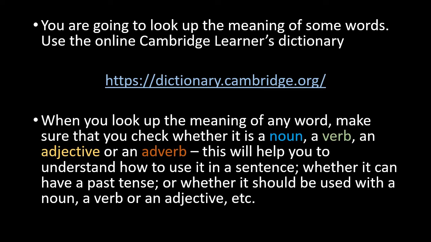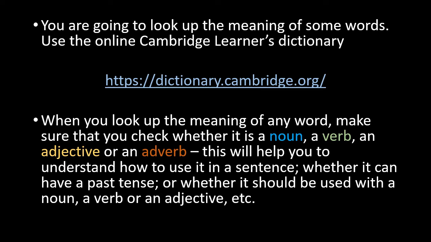The important thing is, when you look up the meaning of any word in a dictionary, make sure that you also check whether the word is a noun, a verb, an adjective, an adverb, or some other type of word.